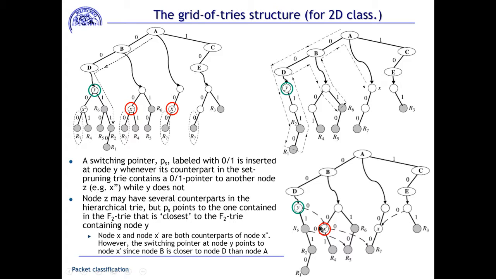So in this way, you are sure that you are consistent. Then in this tree, when you are in the position x prime, you don't actually have R7, but here you may add another link that goes to this other tree, which is next to this one. And so in any case, you have the possibility of reaching R7.